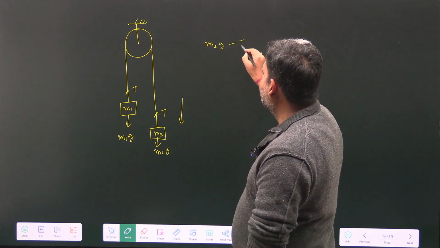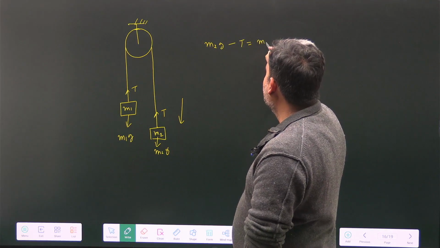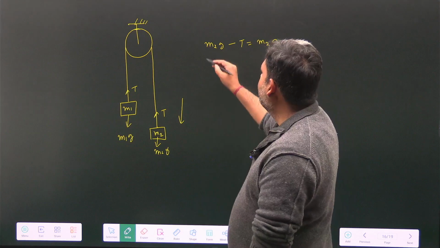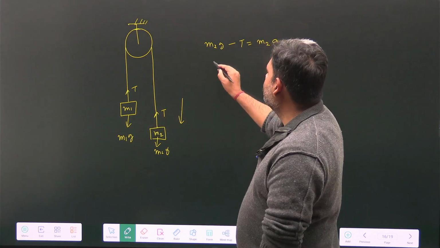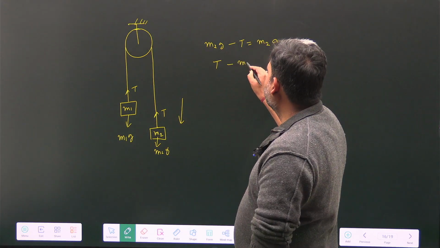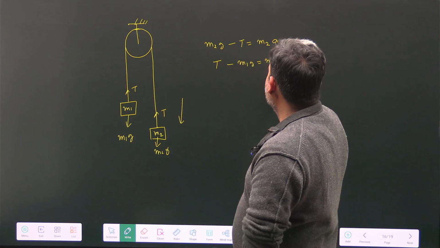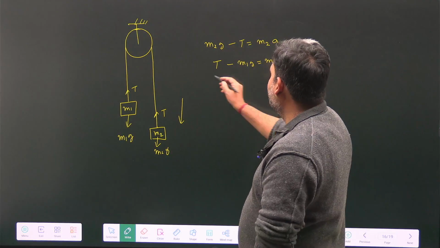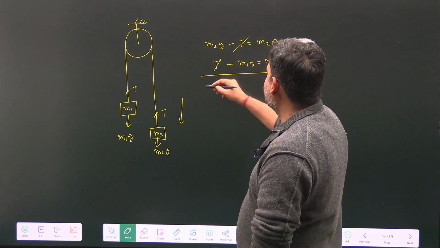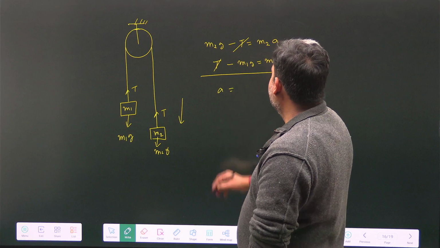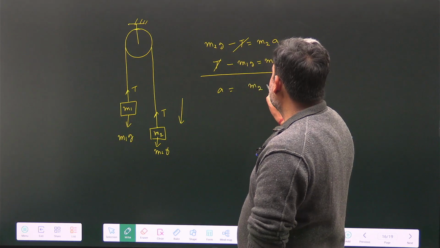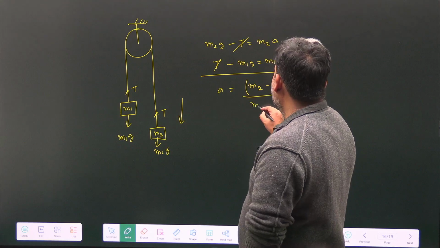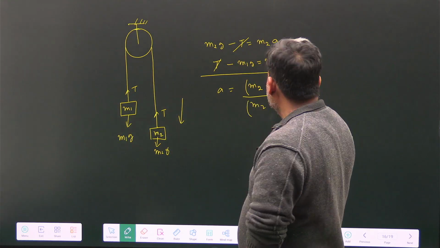M2G minus T is equal to M2A, and M1 will go upward, so you write T minus M1G is equal to M1A. You can easily solve this. The tension will cancel, and you get A equal to (M2 minus M1)G upon (M2 plus M1). Absolutely correct.